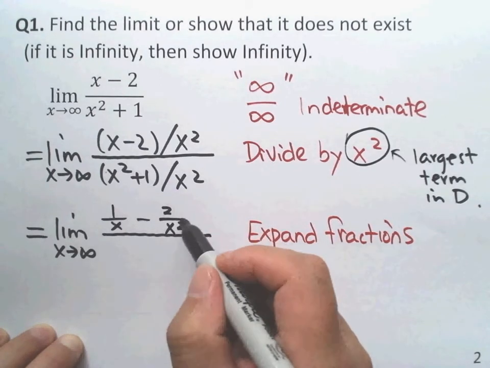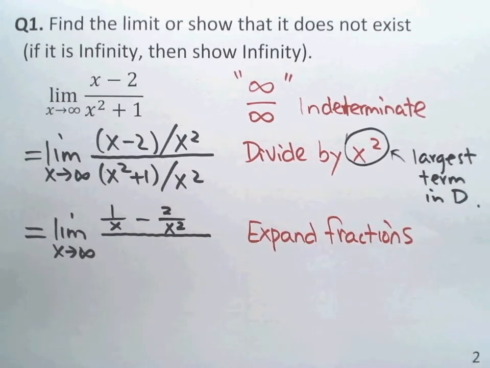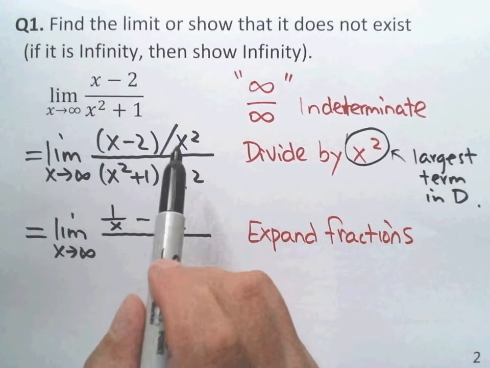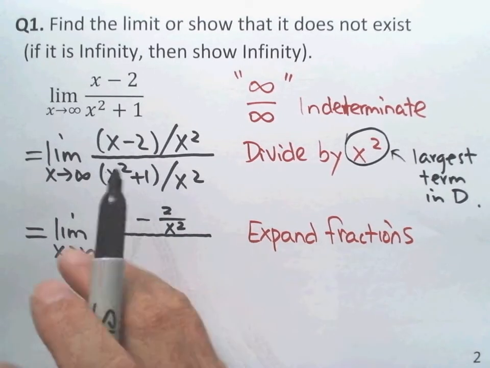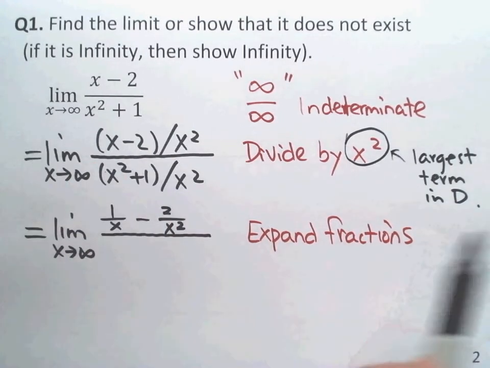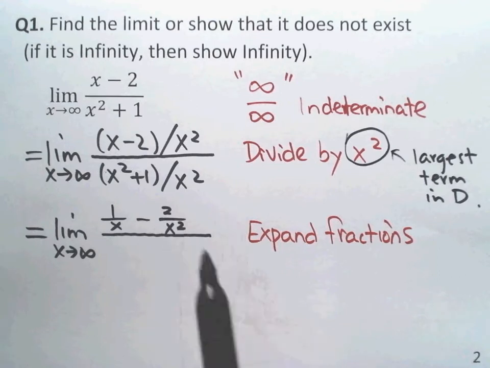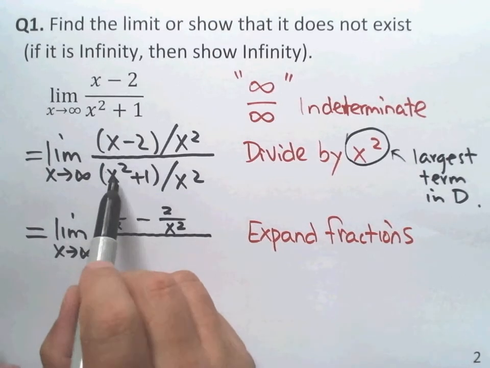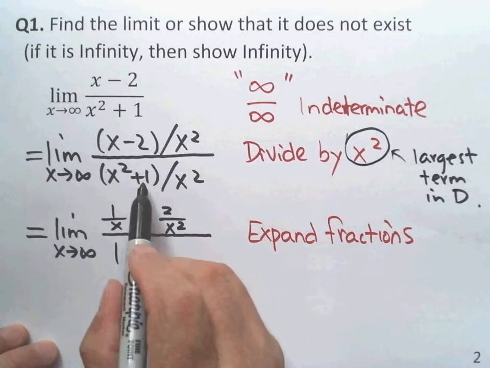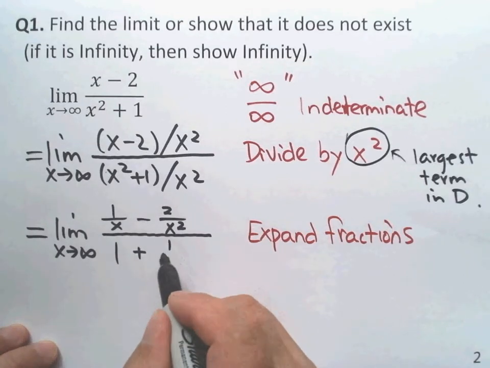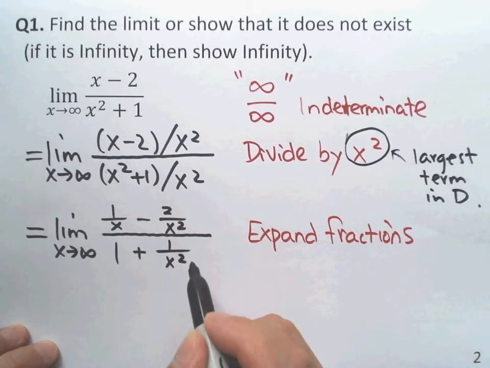By the theorem. So that's the reason why we divide by the largest term, and why we need to expand: because we are going to use the theorem. So the bottom we expand: x squared over x squared is 1, right? Plus 1 over x squared.